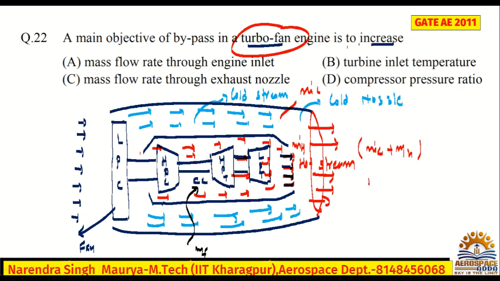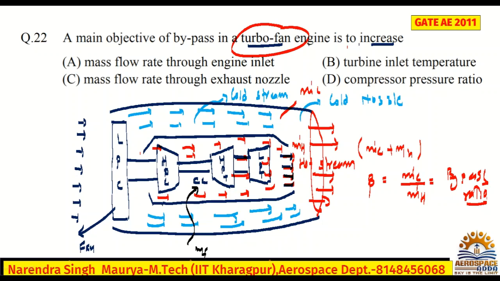What is the bypass ratio? This is m dot c by m dot h, called the bypass ratio. Bypassing means dividing the stream into two parts, cold and hot, and that is done by the fan.